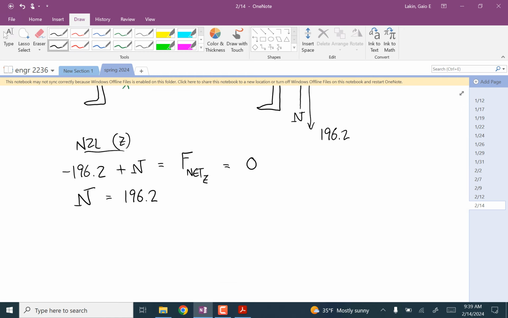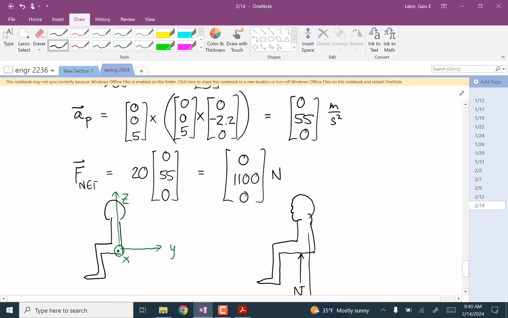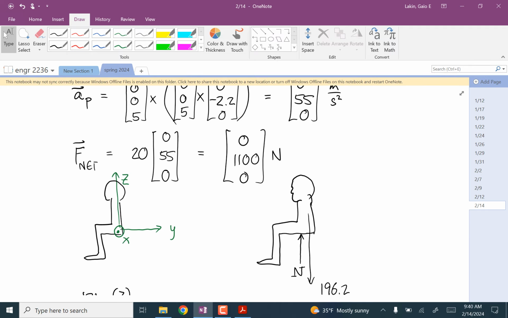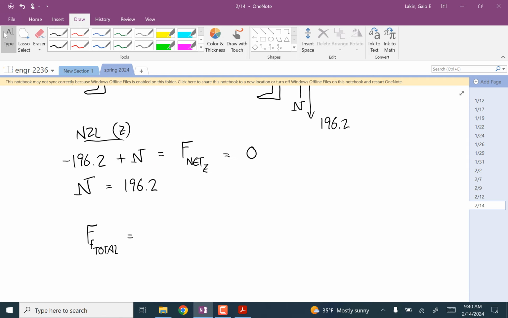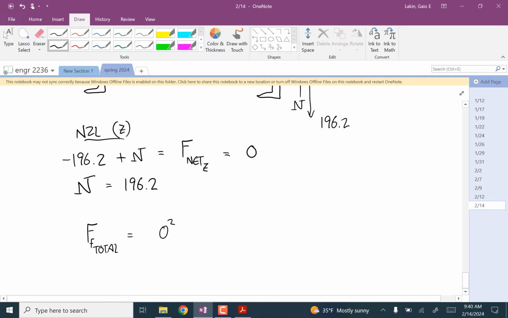Okay, well, the total friction force is the magnitude of the x and y forces. That's the only thing producing forces in the xy plane. So that is, 0 squared plus 1100 squared square root, which obviously just gives you 1100 back.